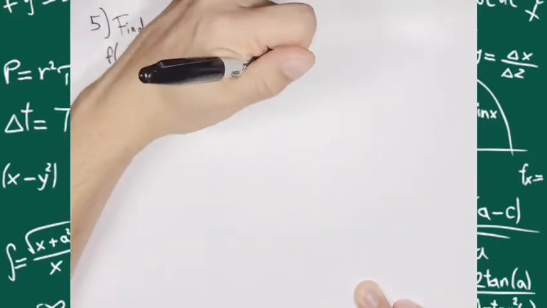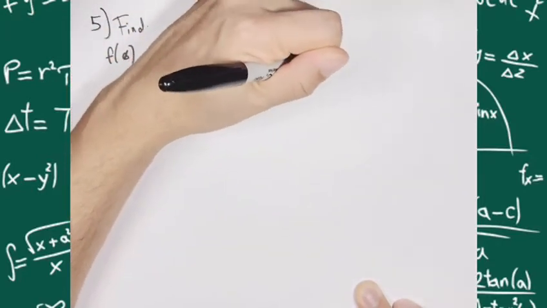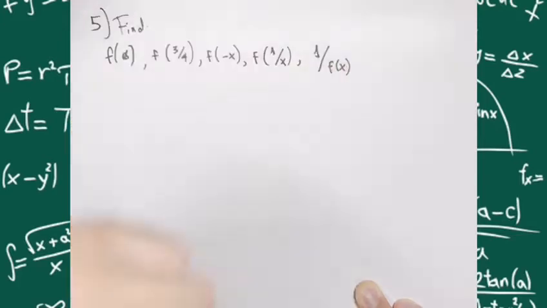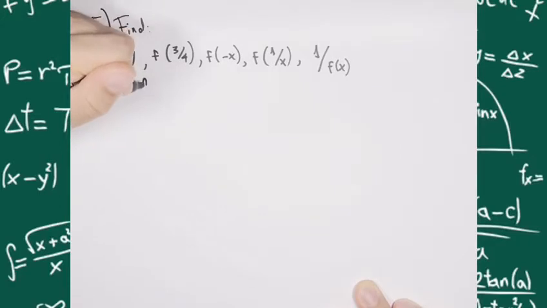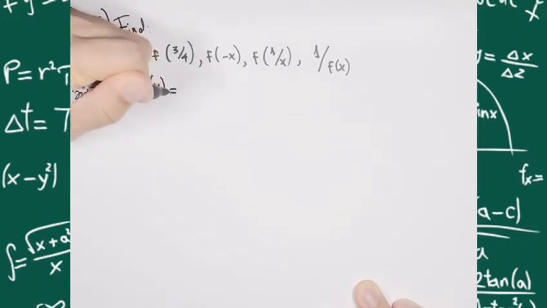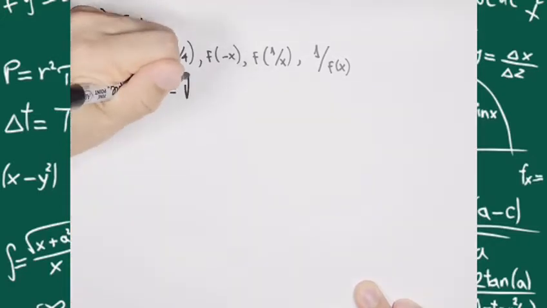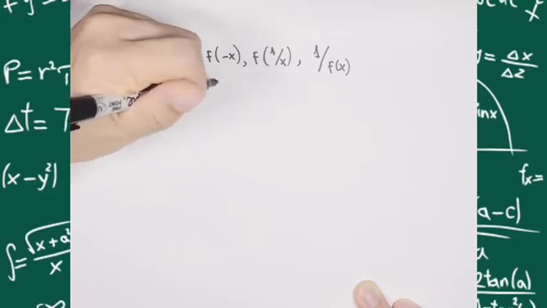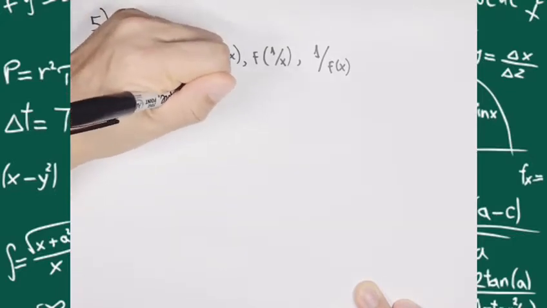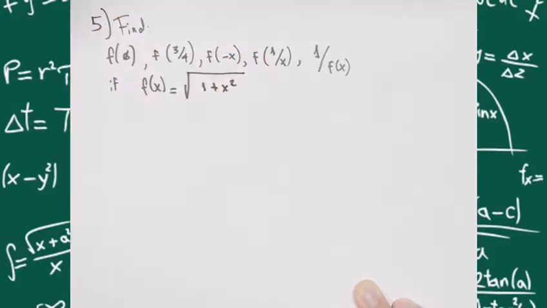And then we're going to have a tricky one, a little bit of a different plot point there, 1 over f of x. And here's the function: f of x is the square root of 1 plus x squared, all of this inside the square root.